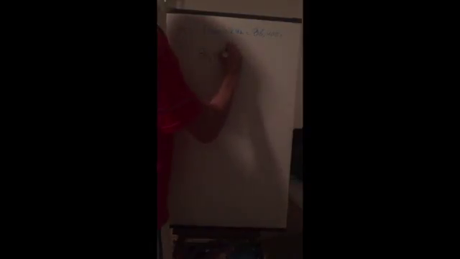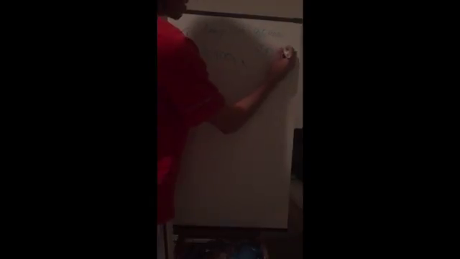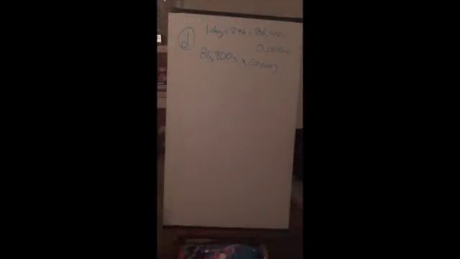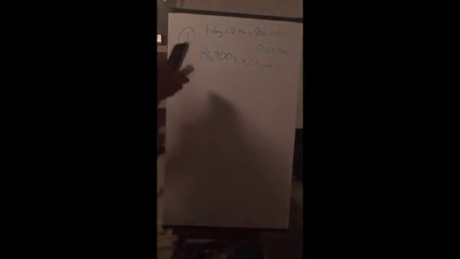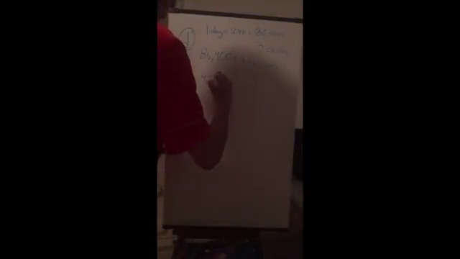So 86,400 seconds times the percentage, which is 0.005. And that should get us, if we get the calculator, 86400 times 0.005. And that should give us 432. 432 seconds is the error.